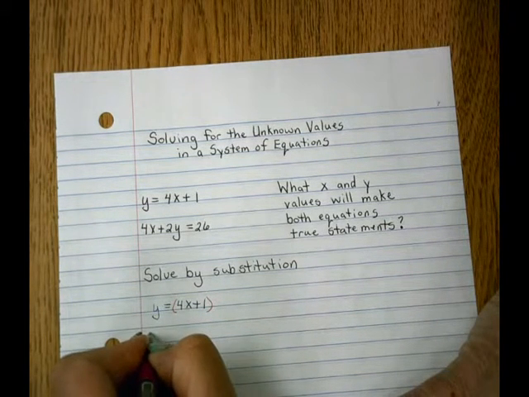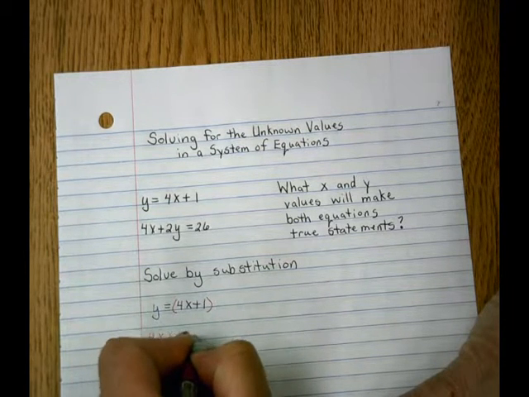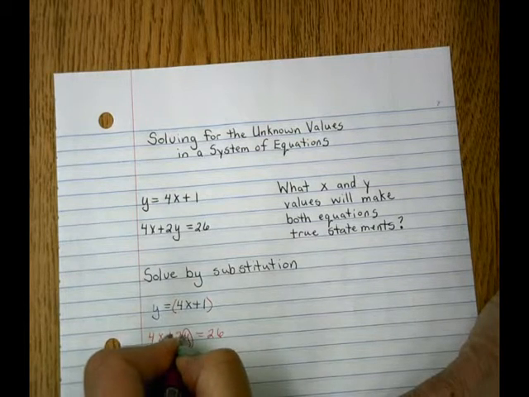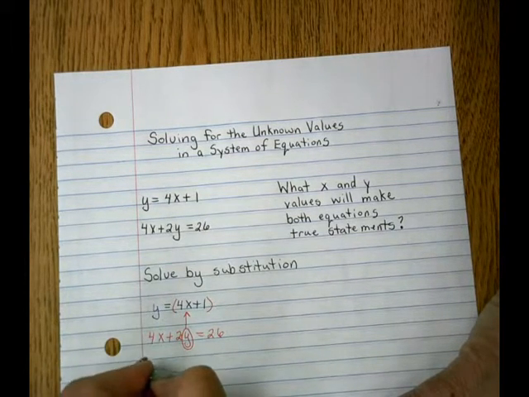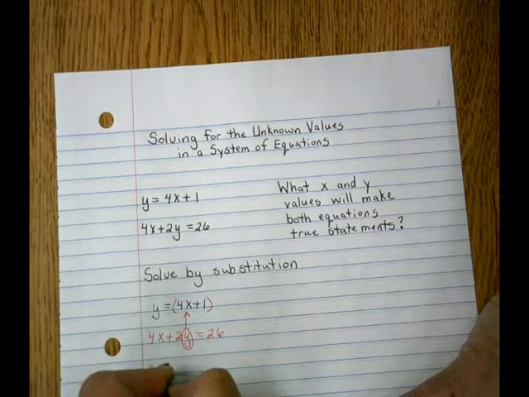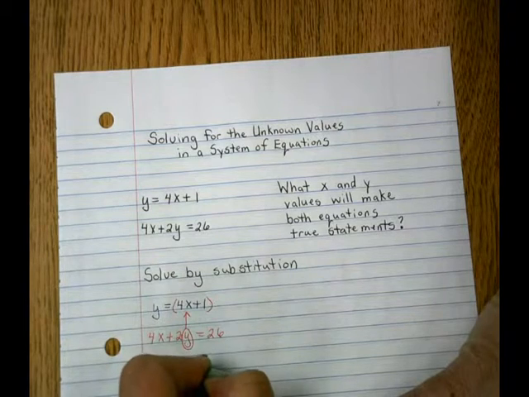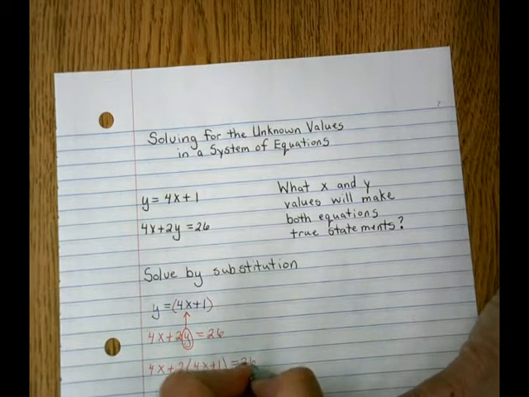So in the equation 4x plus 2y equals 26, I can take this y out and put that expression in place of it. So it becomes 4x plus 2 times (4x plus 1) equals 26.